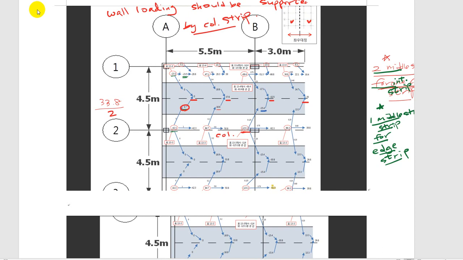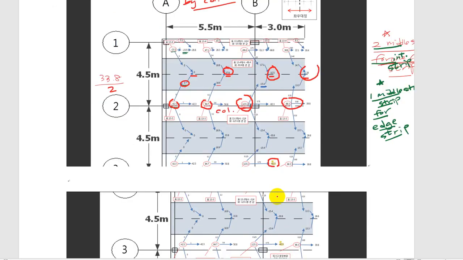Alright, so we have slab loadings all down here. So what's slab loading? This, for the middle strip, and we have slab loading for the column strip. This, right? And this number is not right.